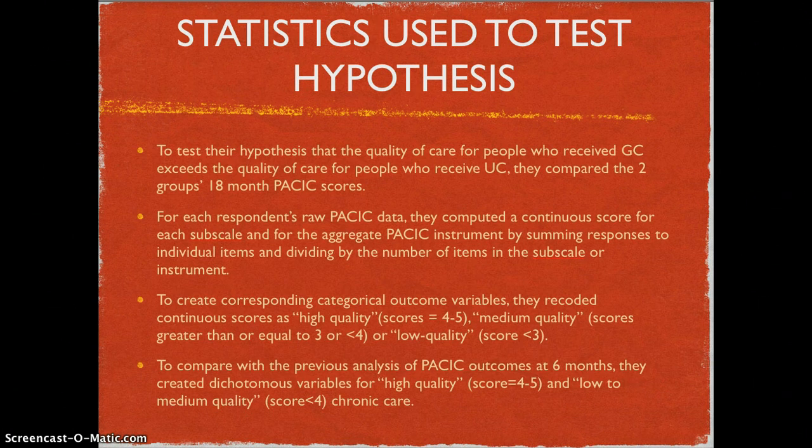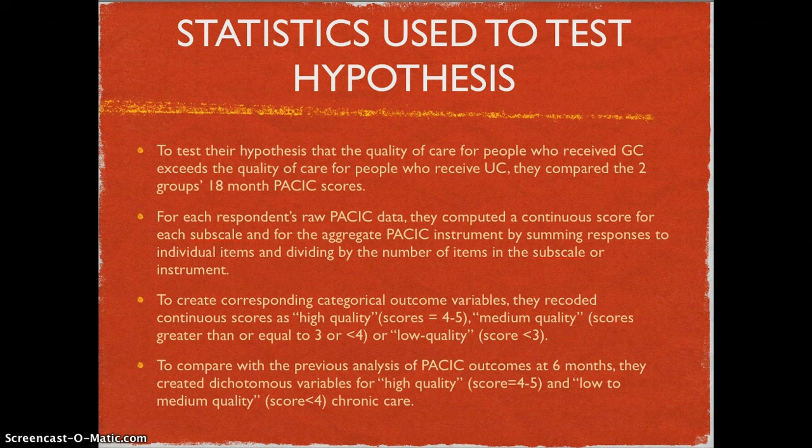So to test their hypothesis that the quality of care for people who receive guided care exceeds the quality of care for people who receive usual care, they compared the two groups at 18-month PACIC scores. For each respondent, from the raw PACIC data, they computed a continuous score for each subscale and for the aggregate PACIC instrument by summing responses of the individual elements and then dividing them by the number of items in the subscale or instrument.